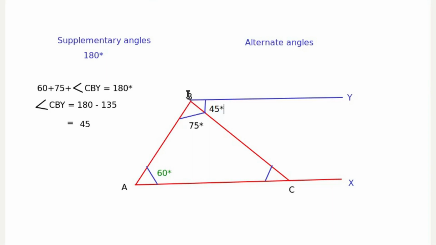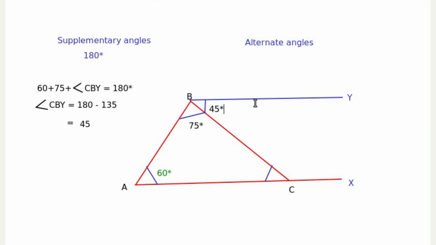Suppose this line BC is a transversal, and this measure 45 degrees, CBY, is to the right of this transversal, and here it should be left of this transversal and above this line. Here it is below this line and right of this transversal, and here it should be above this line and left of this transversal. Alternate angles lie on opposite relative positions.